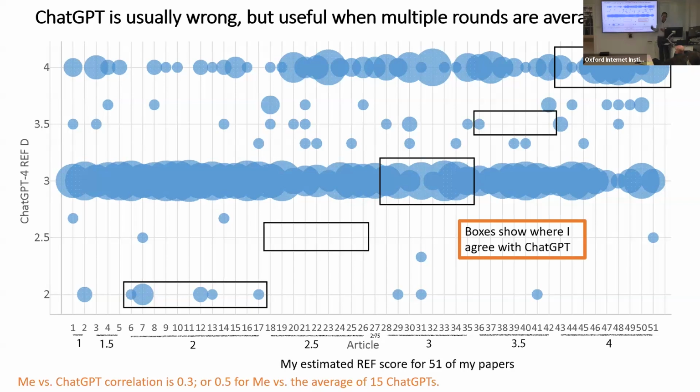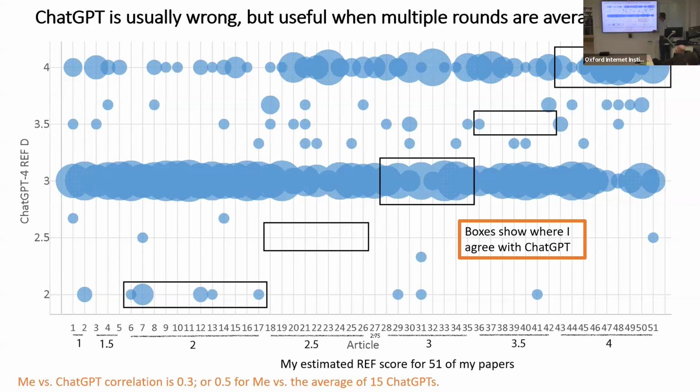But we do know that if you get different academic experts to assess the same thing, disagreement is common, depending on the discipline. The thing that would make this most impressive would be if I could say the human inter-rater agreement was also 0.5, so ChatGPT is just as good.